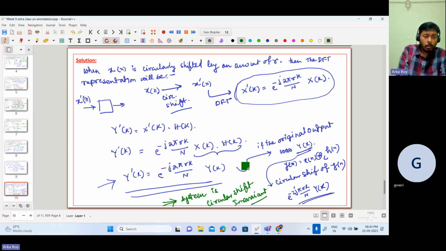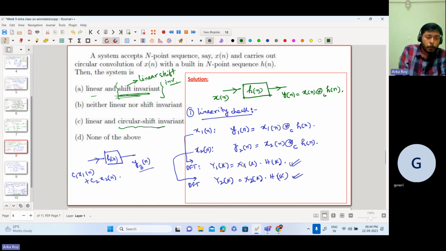That means once I circular shift the input and check what the output is, and then do the circular shift of the output itself, and these two results yield the same representation, then I can say that given the circular shift at the input side or at the output side, they are producing the same representation. So the system is a circular shift invariant system. So the option is this one. The system is linear indeed, and we have already seen that it is a circular shift invariant system.